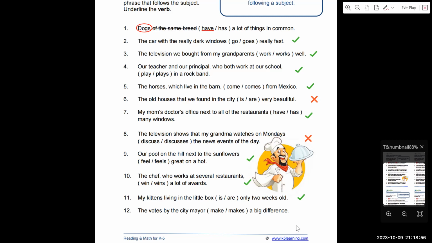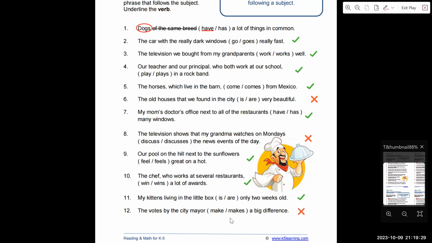And last? The most votes, the city mayor, makes a big difference. Okay, what is your answer? Makes, with S. Okay, what is your subject? The votes. So what is the correct verb? Make.